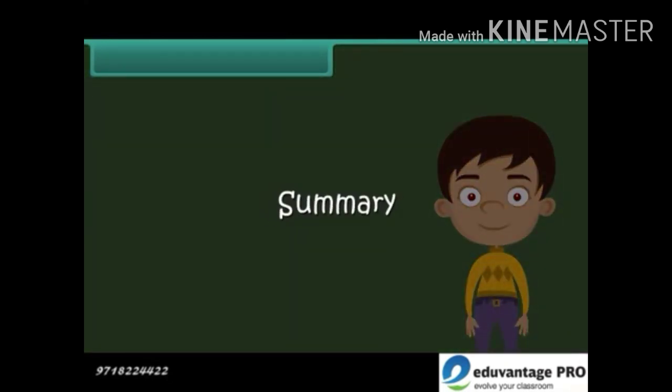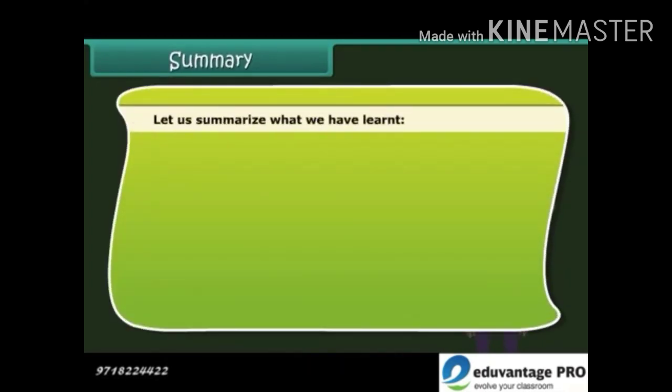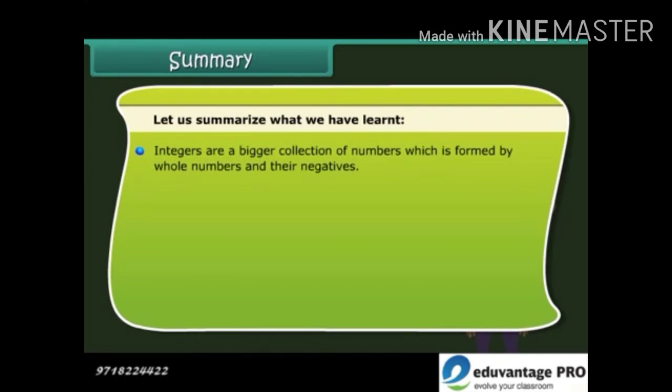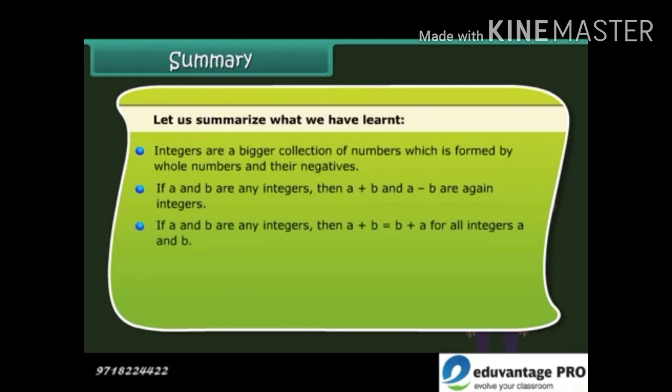Summary. Let us summarize what we have learned. Integers are a bigger collection of numbers which is formed by whole numbers and their negatives. If a and b are any integers, then a + b and a - b are again integers. If a and b are any integers, then a + b is equal to b + a for all integers a and b.